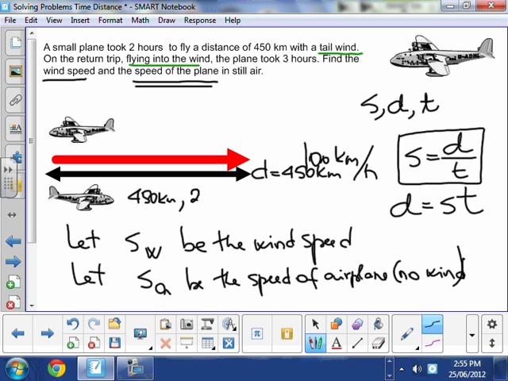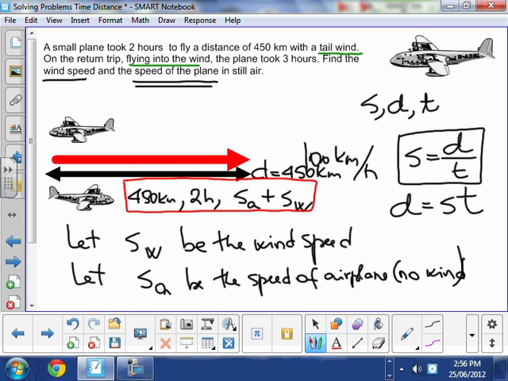It took 2 hours, yes, of course, because it's helped by the wind. And it was the speed of the plane and the speed of the wind traveling in the same direction. Okay, so the overall speed must be given by the speed of the airplane, and on top of that I have to add the speed of the wind. Yes, correct. That's correct. Okay, so this is very important information.